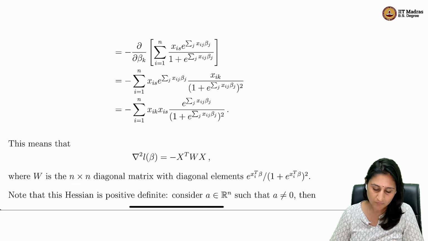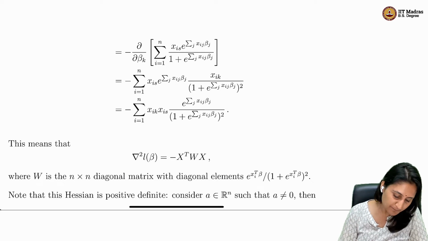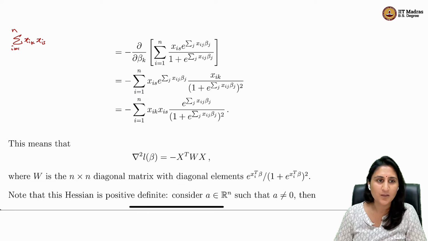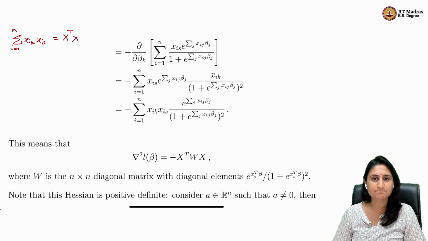Okay. So the question is, how do I actually look at this? If I have summation xik, xis, i going from 1 to n, well, this actually is nothing but the matrix X transpose X.